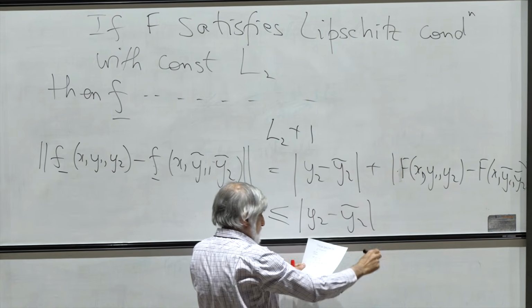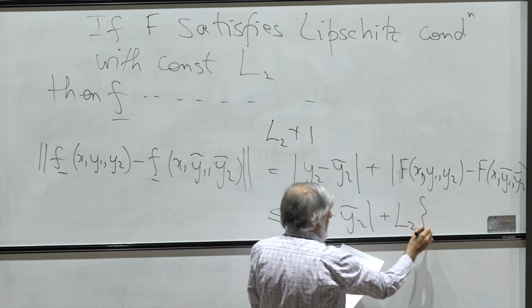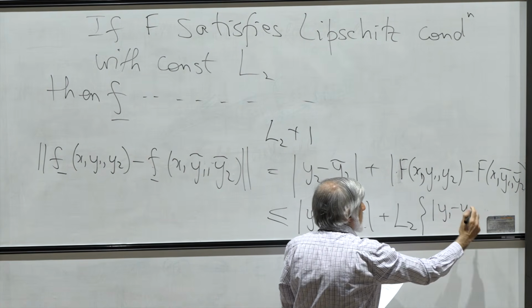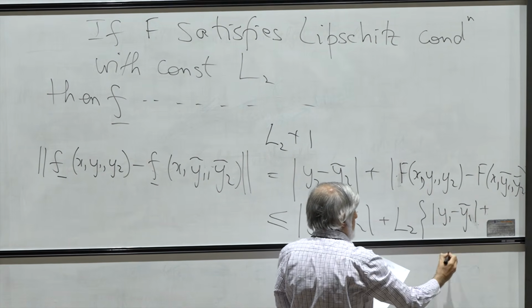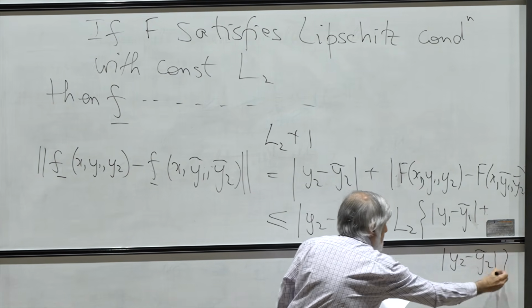Then since this is Lipschitz, that's going to be L2 times y1 minus y1 hat plus y2 minus y2 hat.